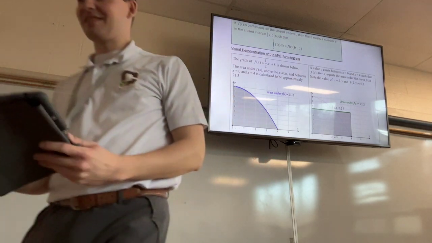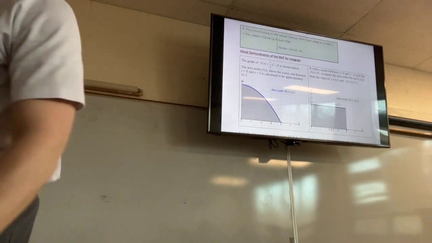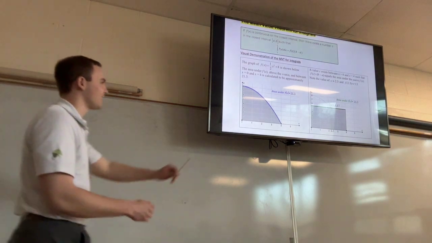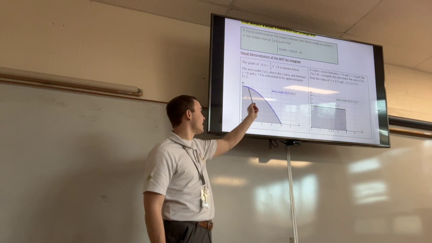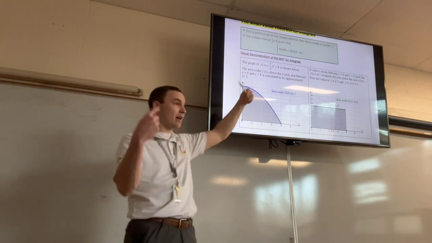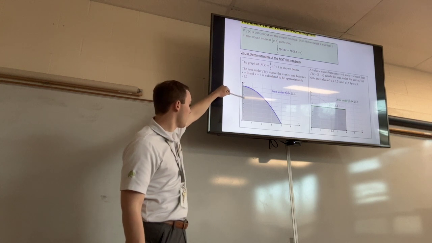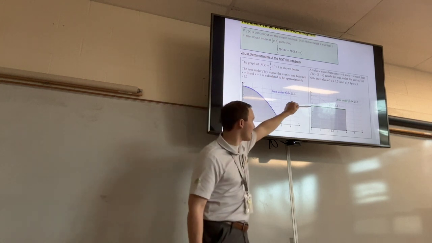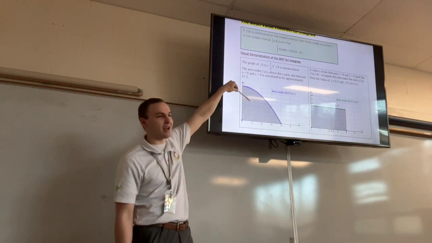Do you understand what I just said? Okay. So what this theorem is saying is, since this function right here is continuous, there exists some y value between 0 and 8 such that the rectangle with the same height as that y value has the same area as this integral right here.